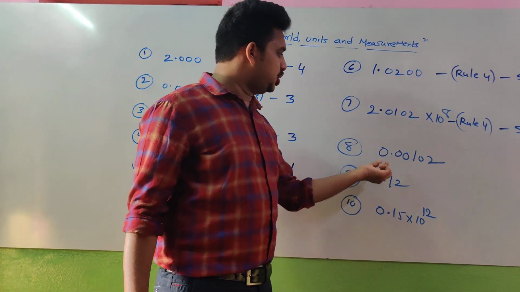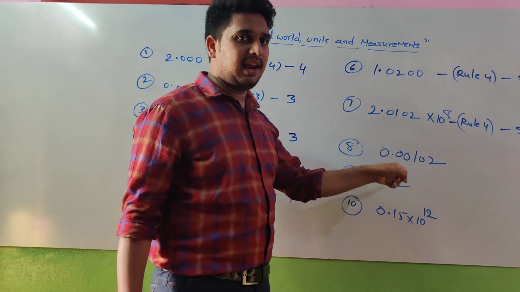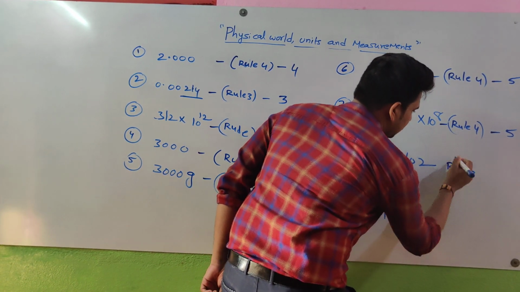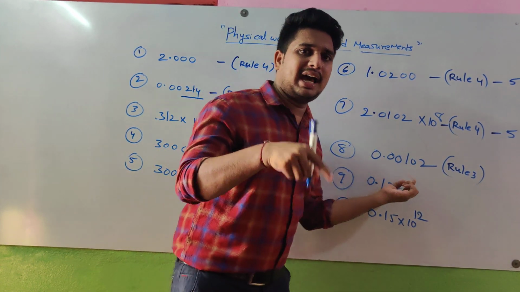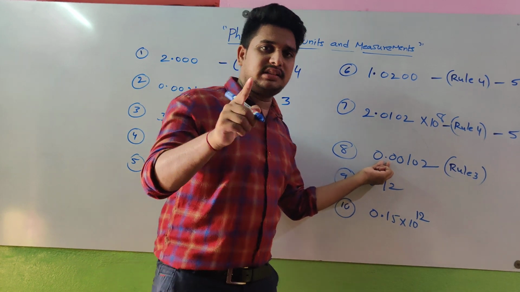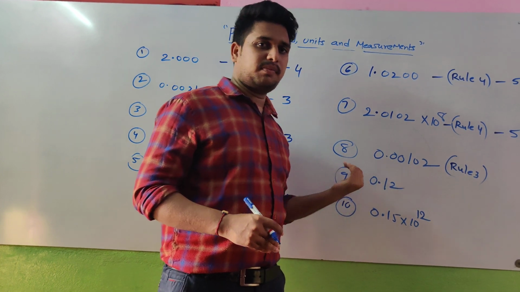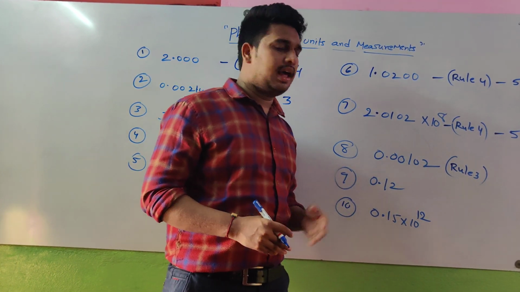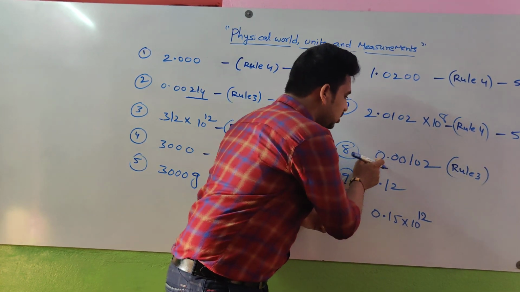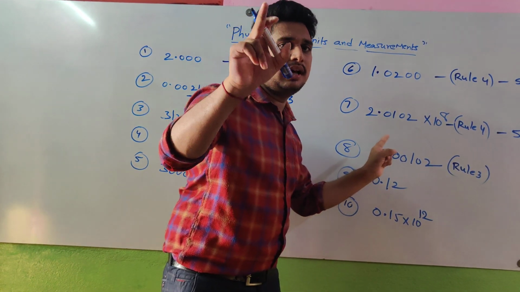Next, 8th example. Observe here, 0.00102. This number is less than 1. What is rule 3? According to rule 3, for a number which is less than 1 and is a decimal number, the zeros on the right side of the decimal and the left side of the decimal are not taken under consideration as significant figures.